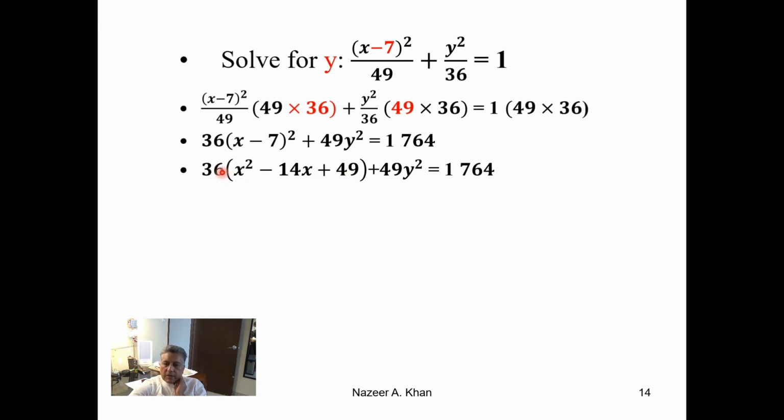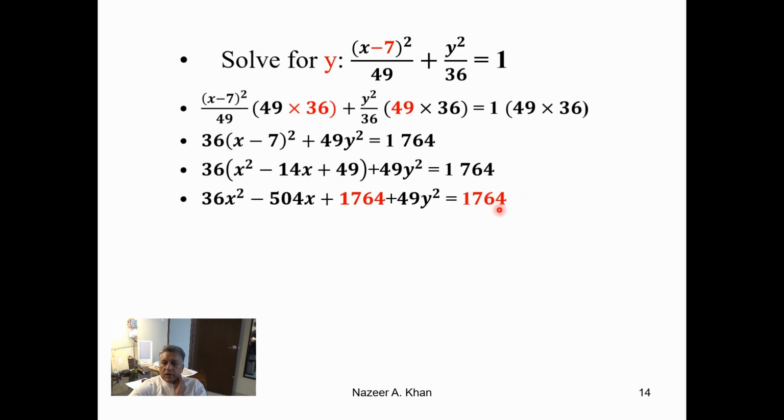I'm going to multiply that by 36. And when I do that, we see 36x squared, and this will be 504x, and then we have 49 times 36. Well, we did that calculation before, so I know that it was 1764, and I'm going to put 1764 there.